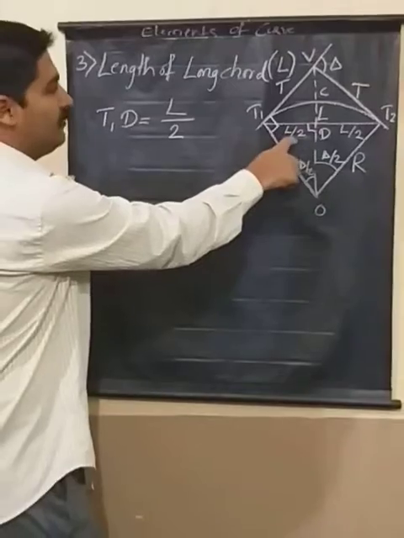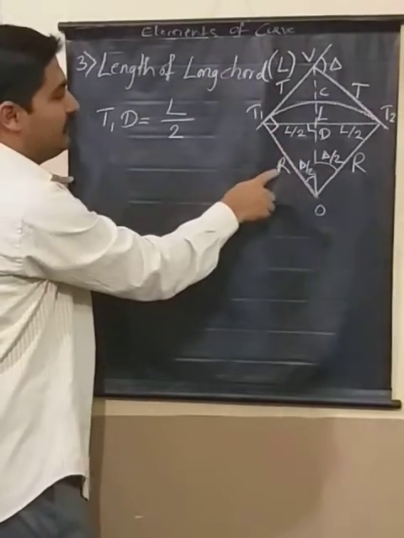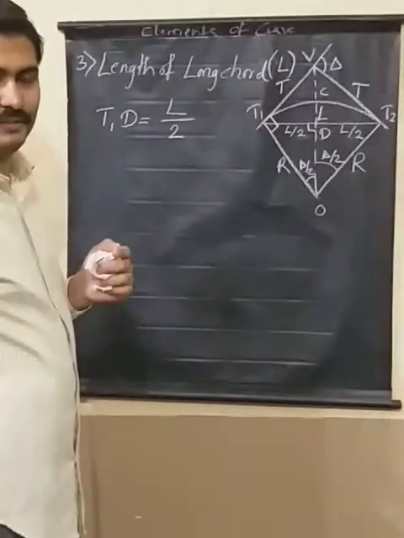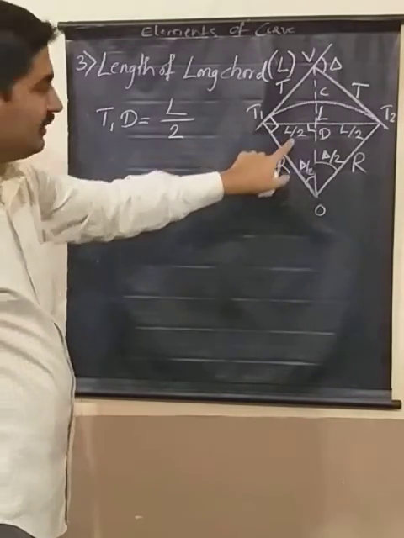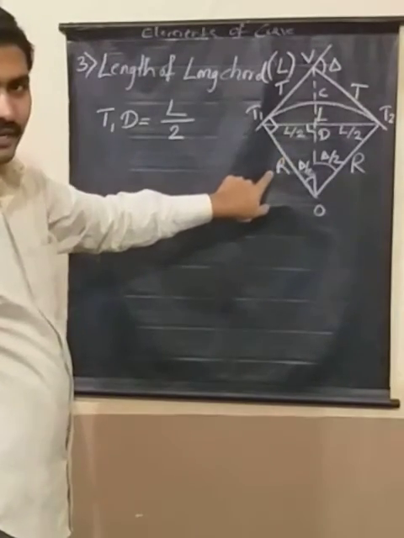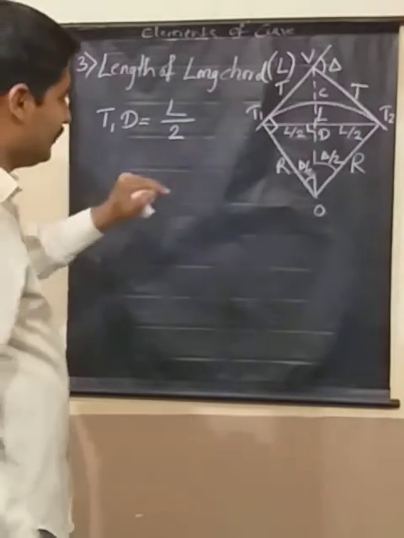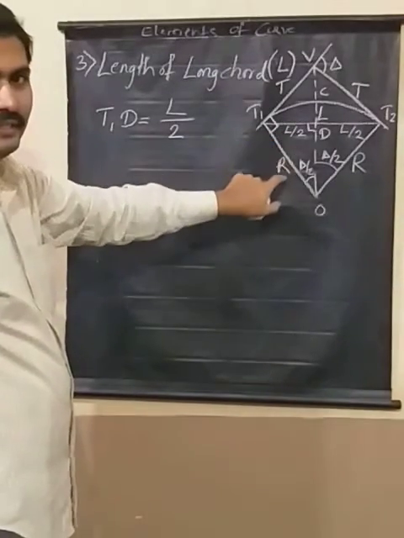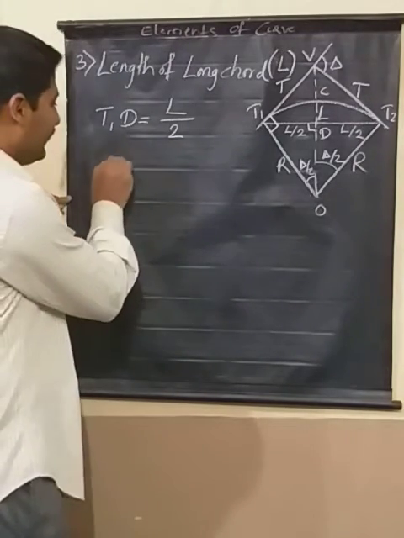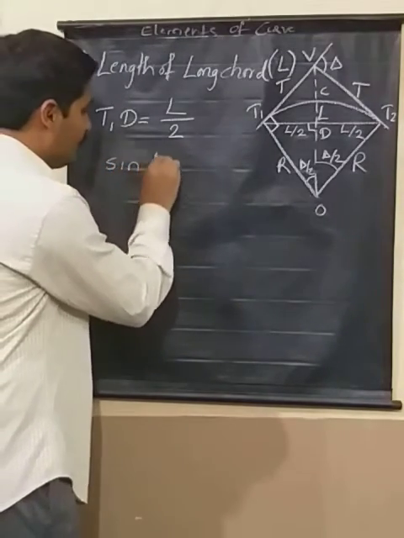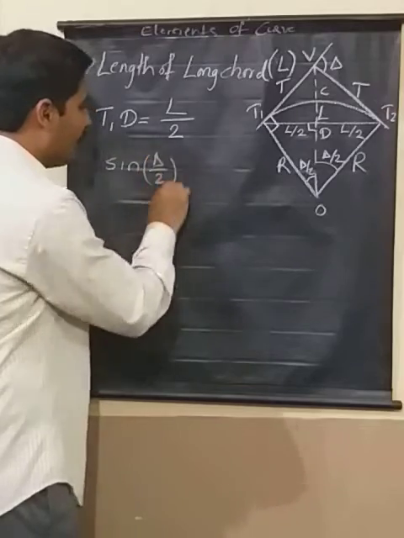For example, if I have to find the opposite side, and I know the hypotenuse of the triangle, so opposite and then hypotenuse. What is the formula which you are going to apply? It is sine. So sine delta by 2, right?